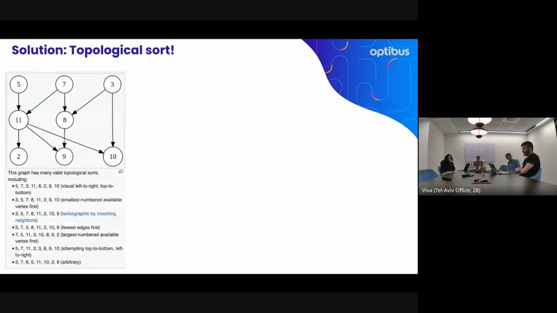It's something that's called topological sort. Like the solution to many interview questions for programmers, we start with: let's draw a graph. So here we draw a graph of our items, and we draw arrows, edges, showing which node should be before which node. We know that 3 should be before 8, but we don't know that 3 should be before 9.